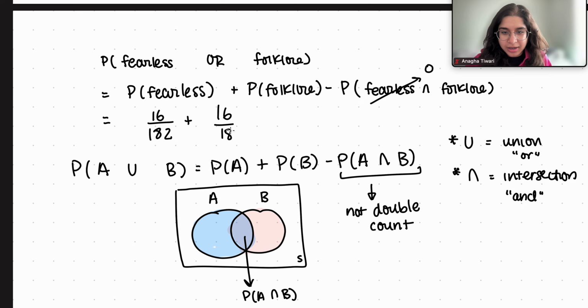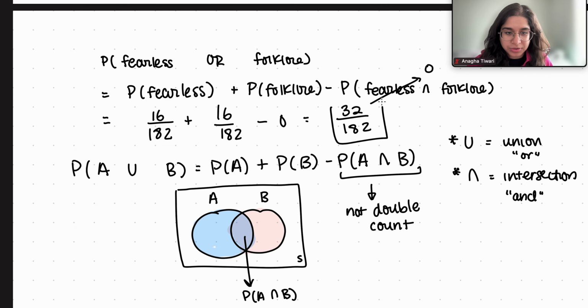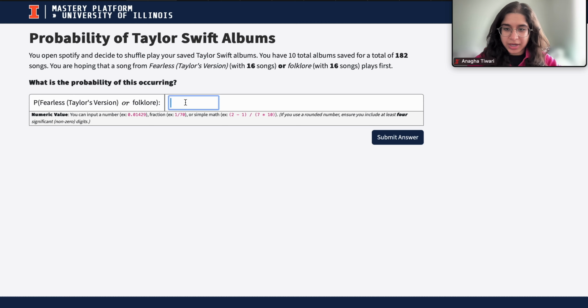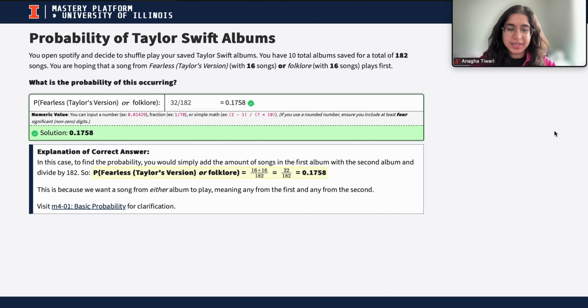And we don't have to subtract anything because, again, there's no possibility of that intersection, because the song can't be from both Fearless and Folklore. So you have to be aware of that context here. So this is just going to be 32 out of 182. And you can enter that as a decimal. That's totally fine. And that's our answer.